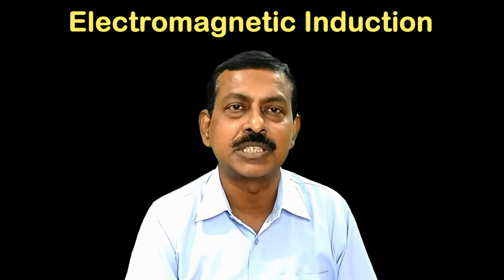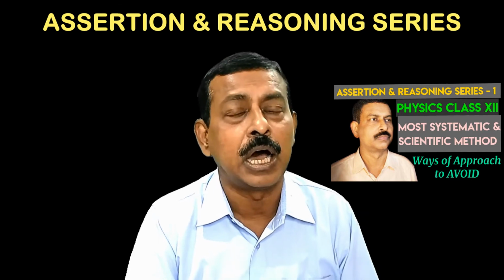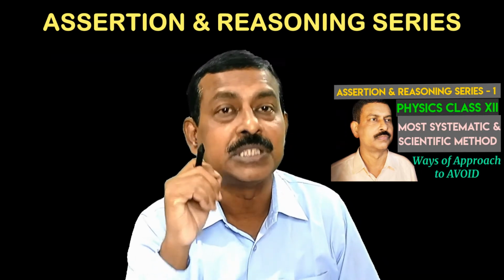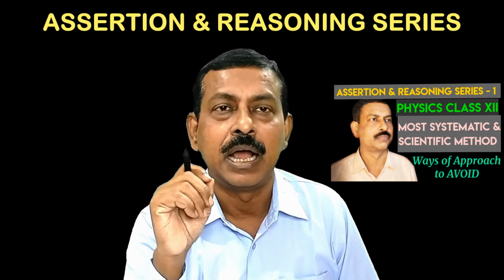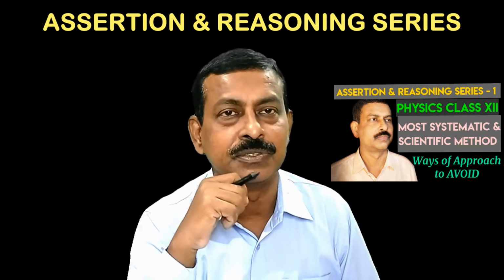In our previous discussion, we took the first discussion on how to tackle assertion and reasoning questions. What are the common mistakes made by the students? And what is the best way to attempt assertion and reasoning questions?